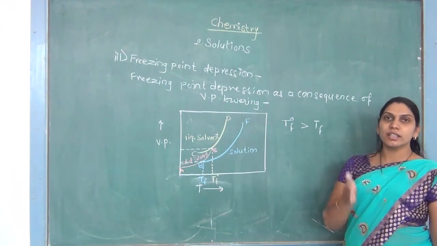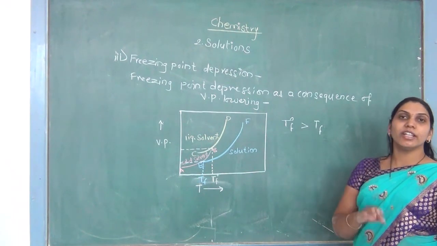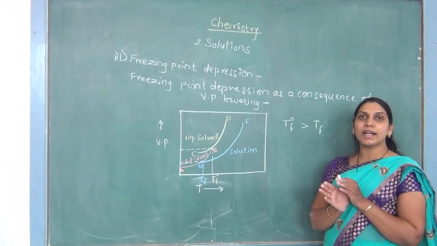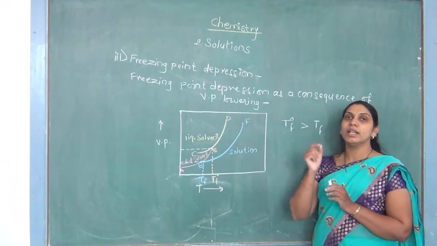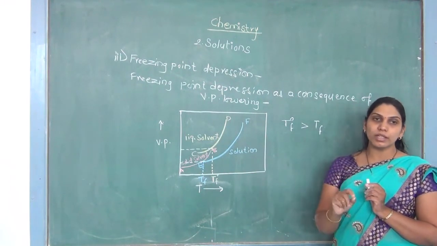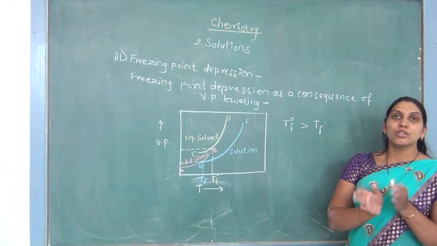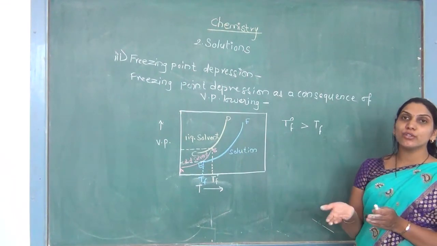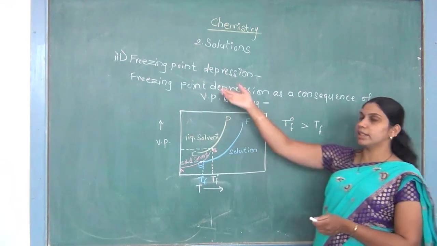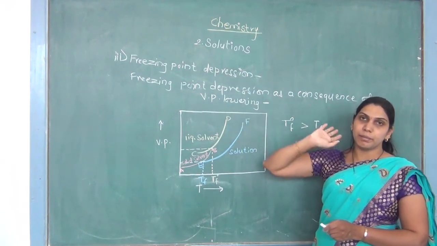That means, in other words, whenever a non-volatile solute is added into a pure solvent, its freezing point is lowered. This lowering of the freezing point of the solution by addition of a non-volatile solute is nothing but the freezing point depression.